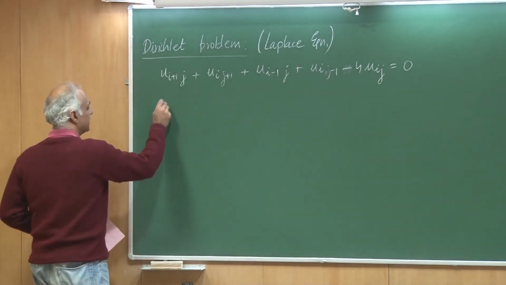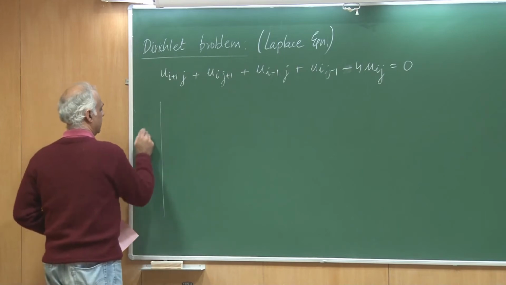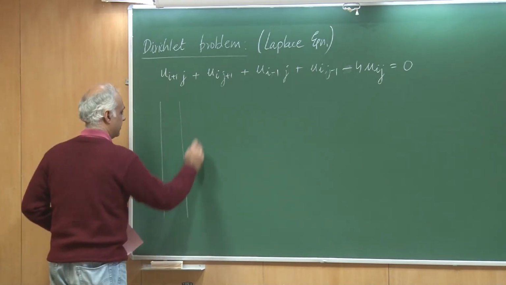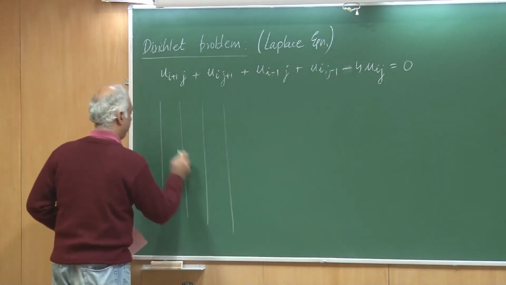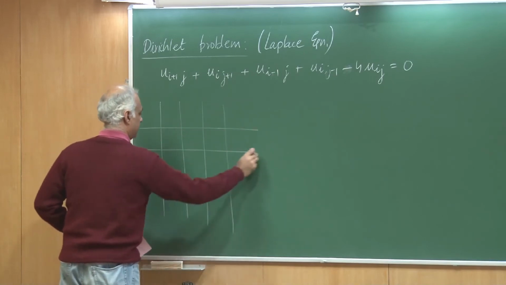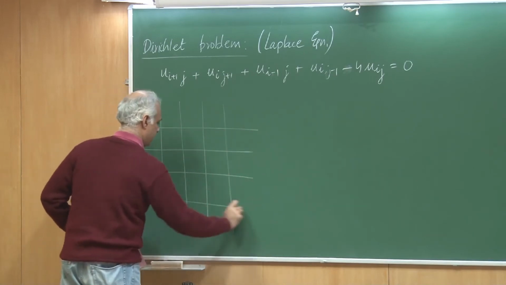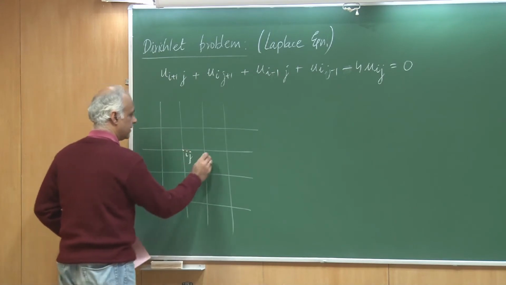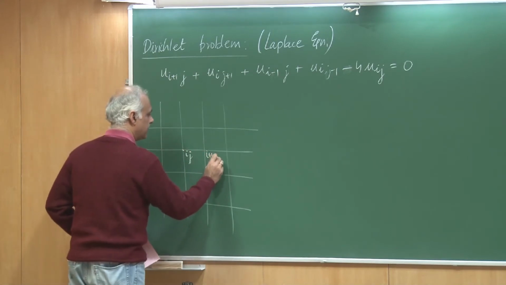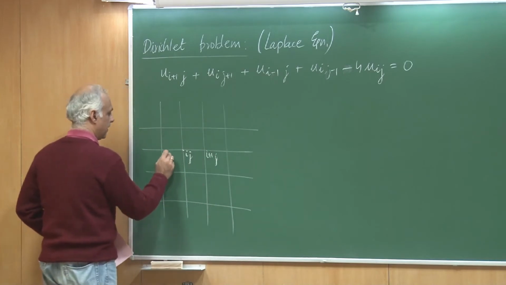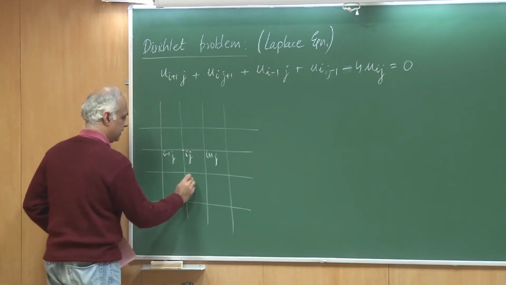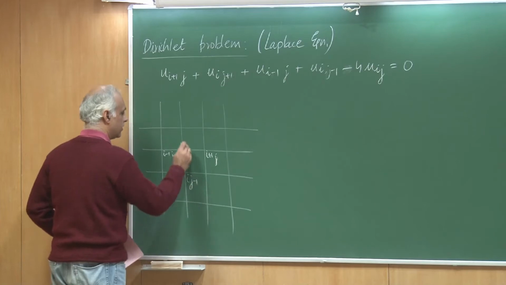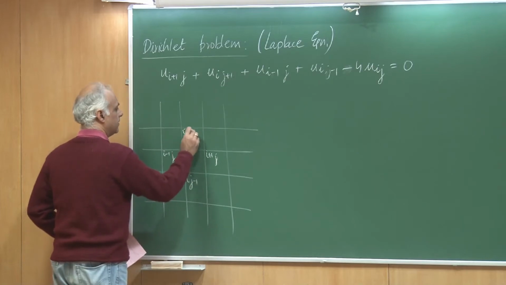And the grid is something like this. So this is (i,j), this is (i+1,j), this is (i-1,j), this is (i,j-1) and (i,j+1).